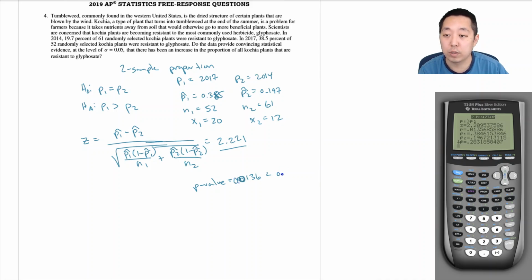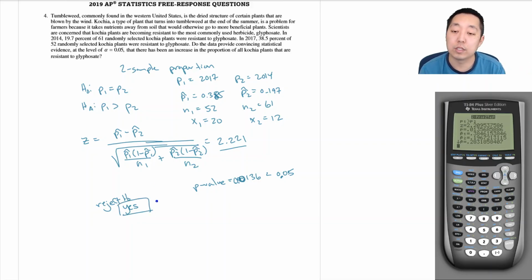That's less than 0.05. So we reject H naught. Yes, there's sufficient evidence that the proportion has changed and increased, and so they've gotten more resistant to glyphosate.